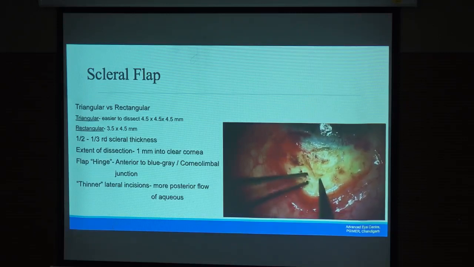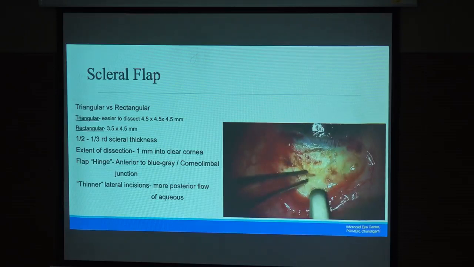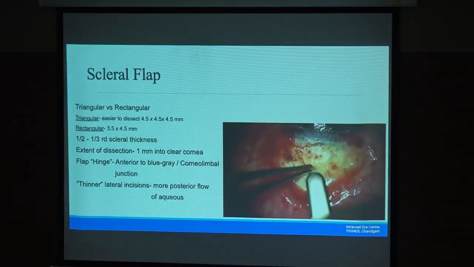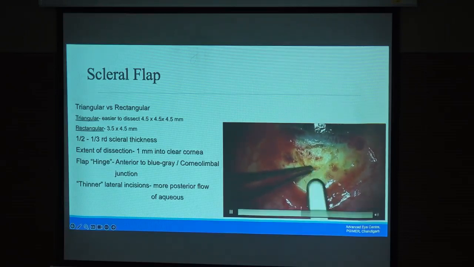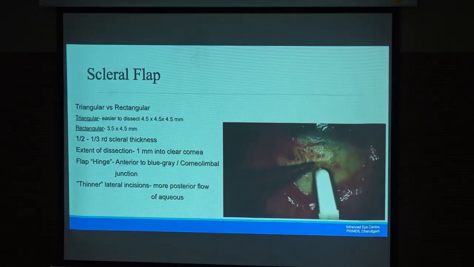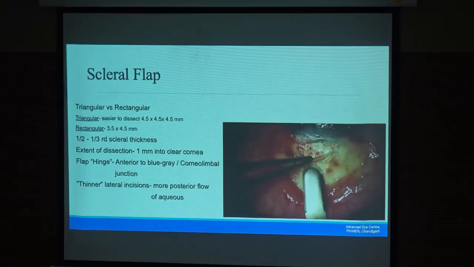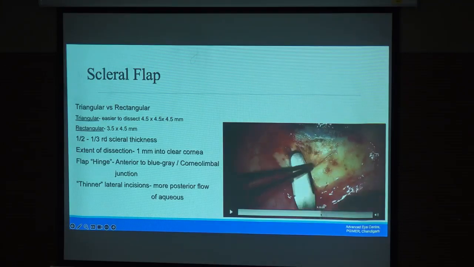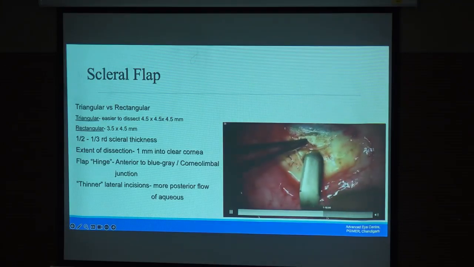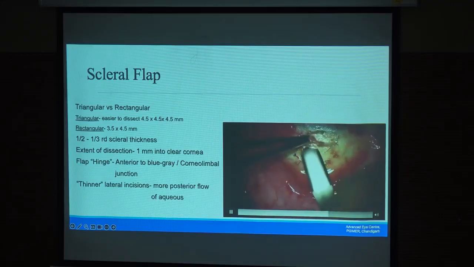Then just try to lift. After lifting, use a crescent blade or a 15 number blade. Crescent blade is easy because you can place it very well parallel to the sclera. So lift and dissect very gently. Go anteriorly, just 1 millimeter short of the limbus.